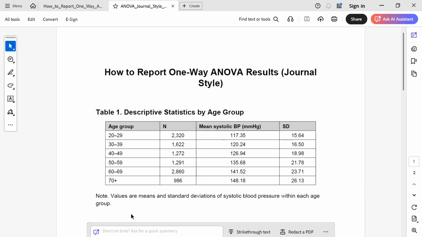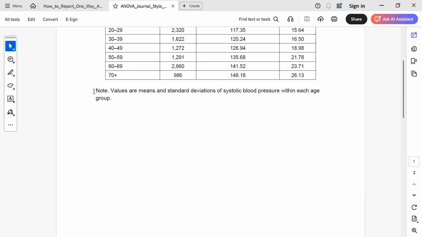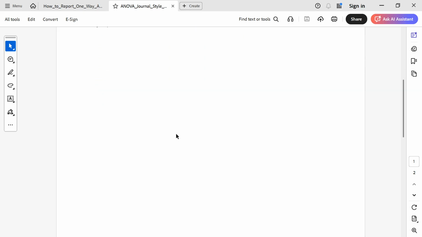In the notes it says values of means and standard deviation of systolic blood pressure within each age group. So within each age group you can see the mean, standard deviation, and also the number of observations associated with each age group. That is the note you put under the table.